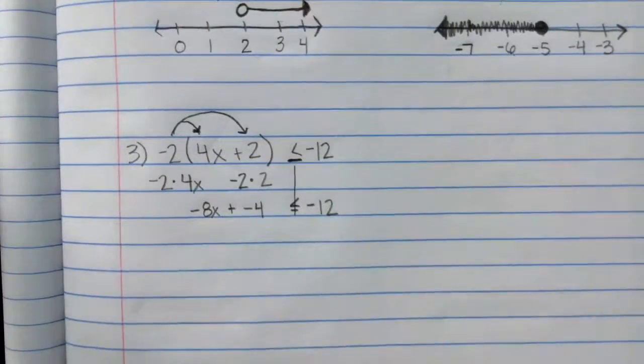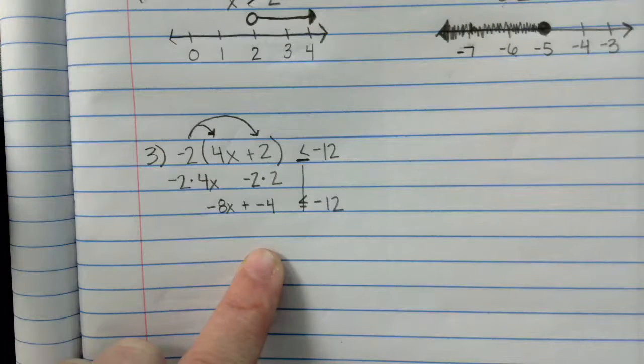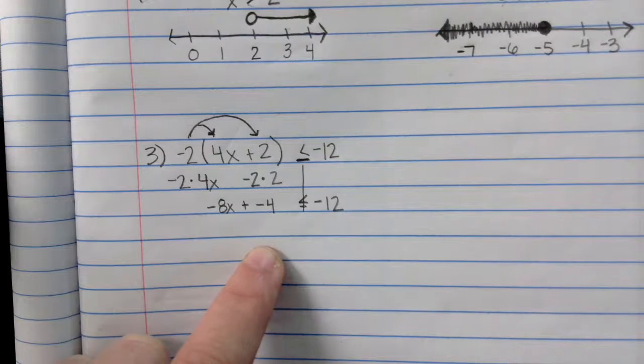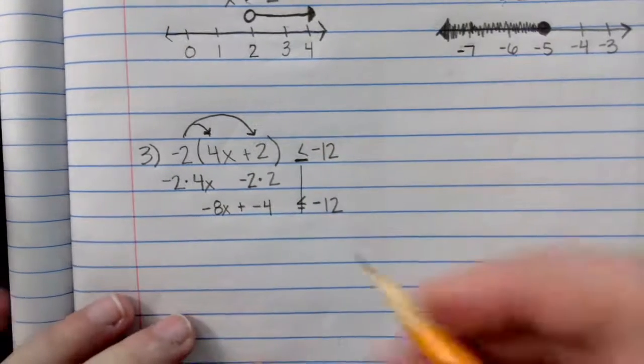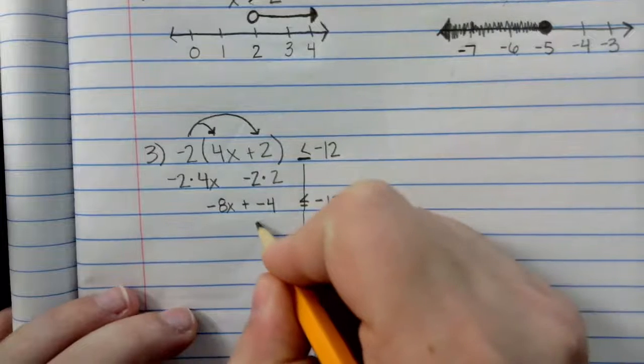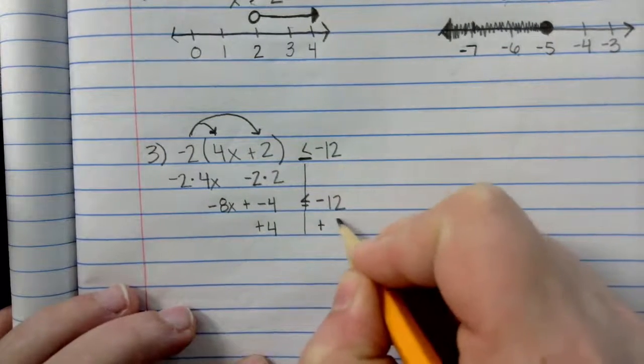All right, so are we going to undo the -8 first or the -4? -4. And how do we undo adding -4? +4. We do it to one side, we do it to the other.